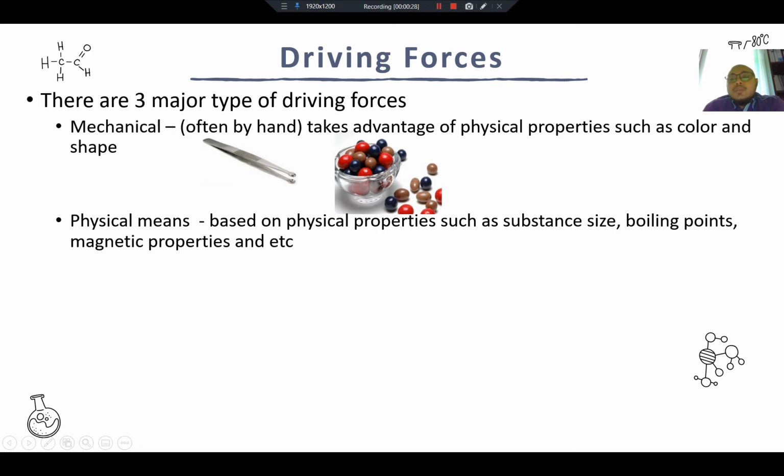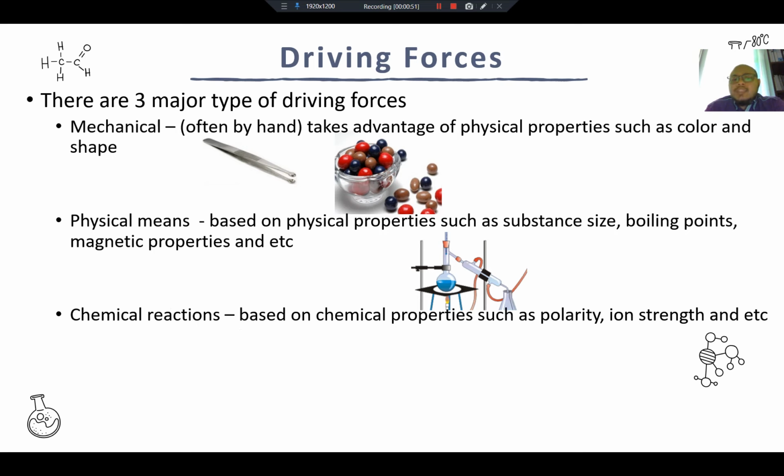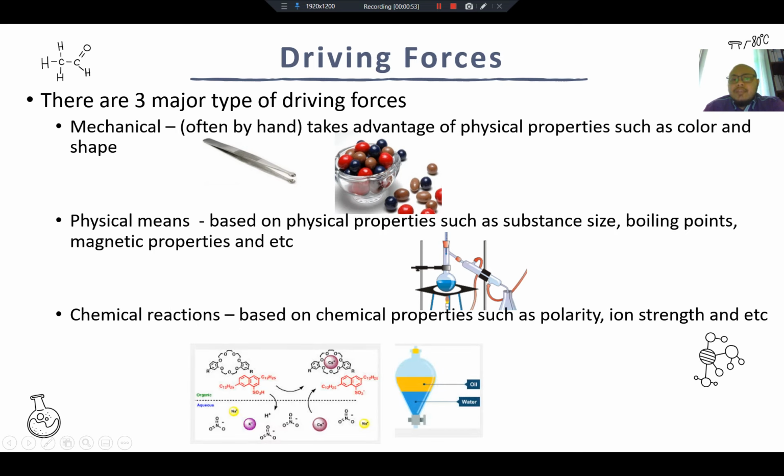Alright. Then we also have the physical means, based on physical properties such as the substance's size, boiling points, magnetic properties, and etc. Okay, in this course, I'm not really sure if we go into the physical, maybe we have magnetic properties, but a lot we will focus on the chemical-based reaction driving force.